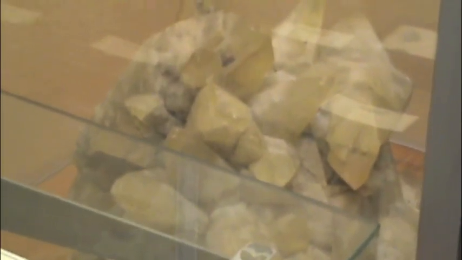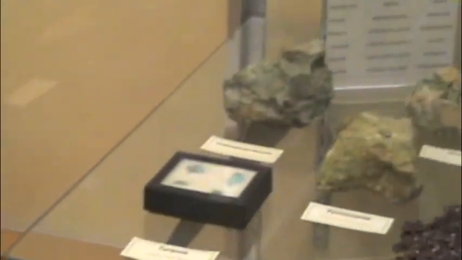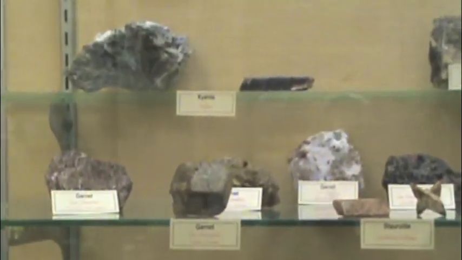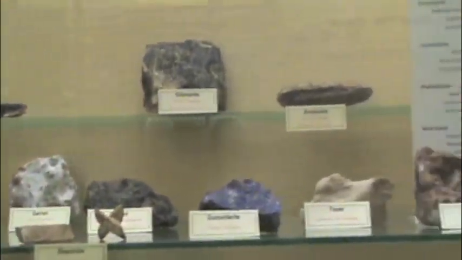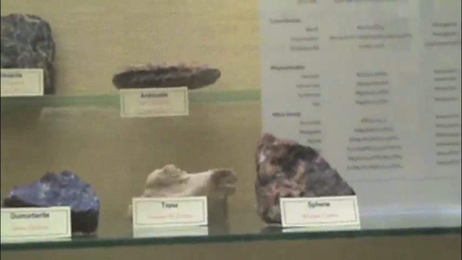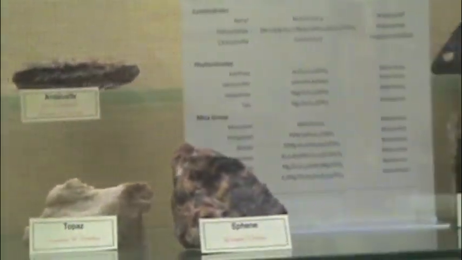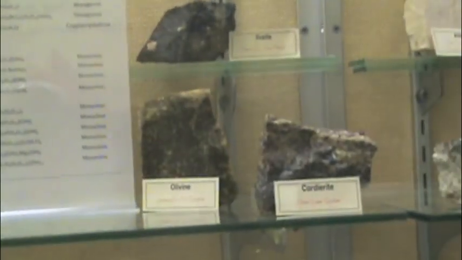There's a big old massive group of calcite crystals there. Now we're on to the silicates. And you remember what we said about silicates, right? One of the most abundant minerals on Earth.